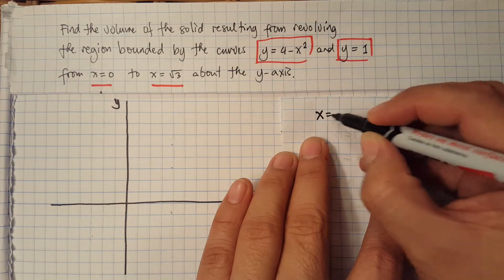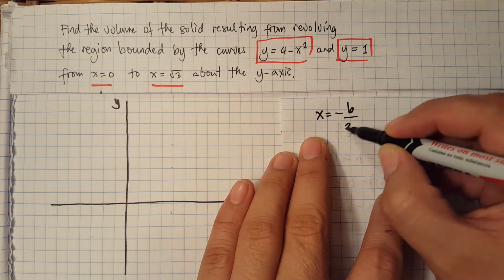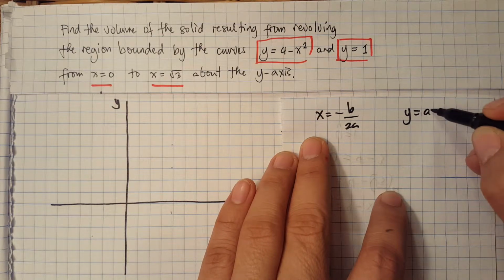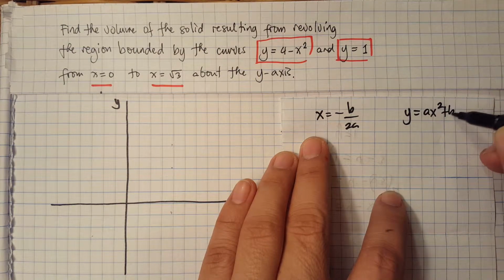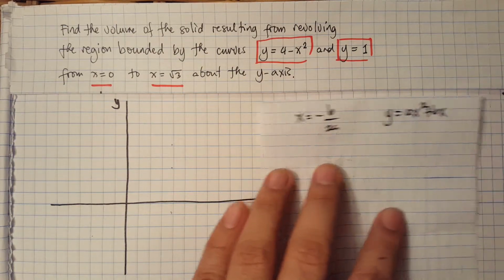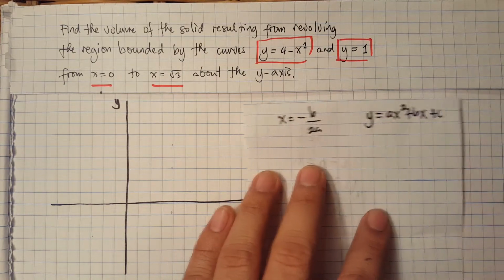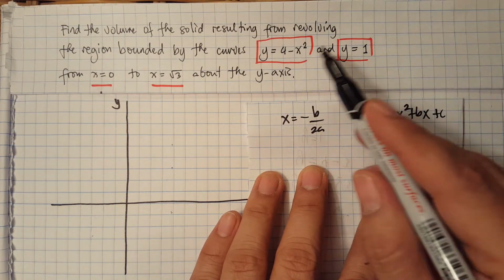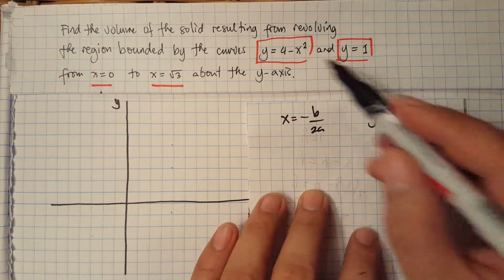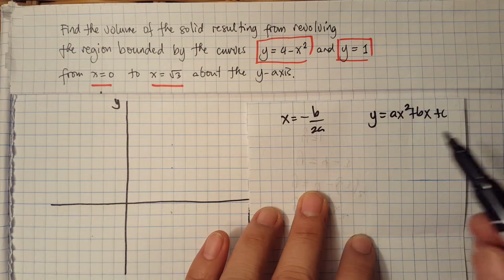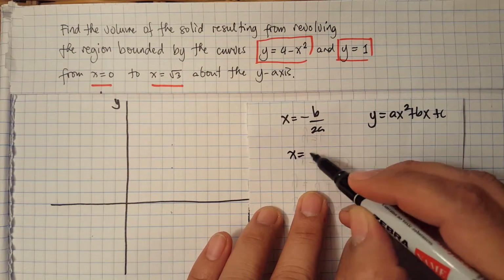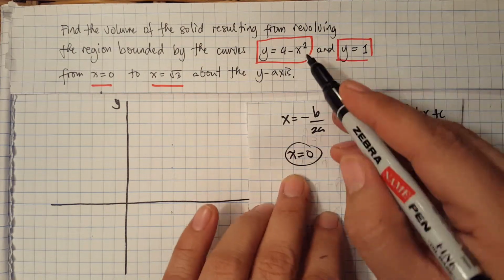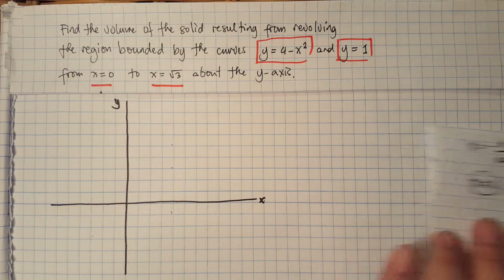Recall that the vertex of a parabola is given by negative b over 2a, as long as the equation is written in standard form, ax squared plus bx plus c. We don't have an x term here, and that means the value of b is 0 for this example. That means x equals 0, and when x equals 0, the value of y is equal to 4.